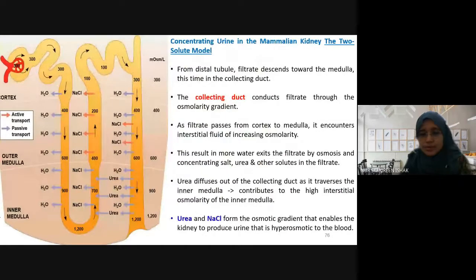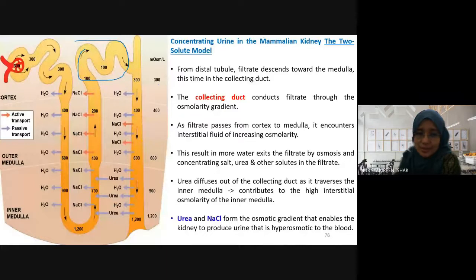Okay, so last slide. Alright. So concentrating urine in the mammalian kidney, again still on the two solute model. So from distal tubule is this region here. Okay, so the filtrate descend towards the medulla, this time in the collecting ducts. Okay, so the collecting ducts conduct filtrate through the osmolarity gradient.